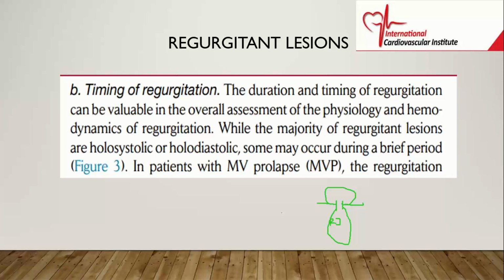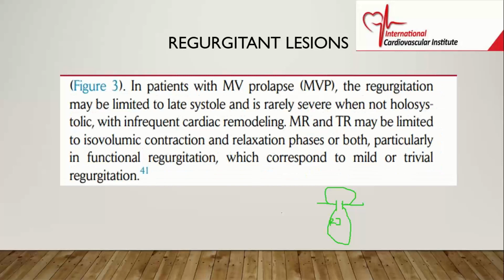So the duration and timing of regurgitation can be valuable in the overall assessment of the physiology and hemodynamics of regurgitation. While the majority of the regurgitant lesions are holosystolic or holodiastolic, some may occur just during a brief period, as I showed you. Mitral valve prolapse is one of those things that can do that. So in mitral valve prolapse, the regurgitation may be limited to late systole and is rarely severe when it's not holosystolic.